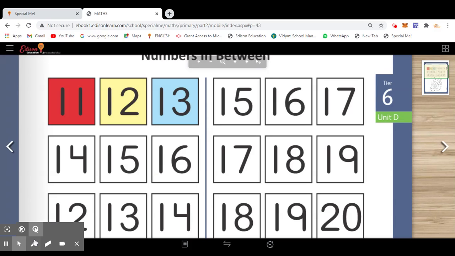Okay. So now take out your crayons. So in number 14 we have to fill color red. Here we have to fill red color. And in number 15 we have to fill yellow color.